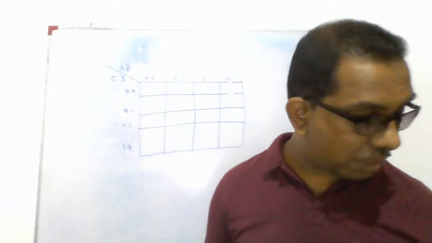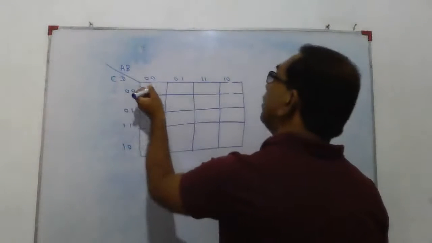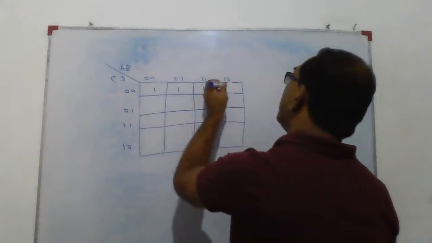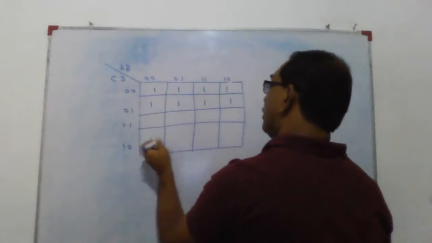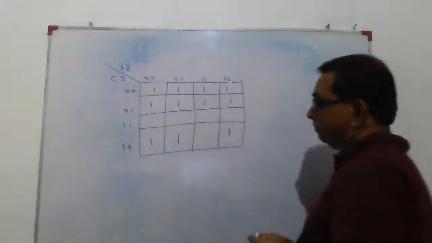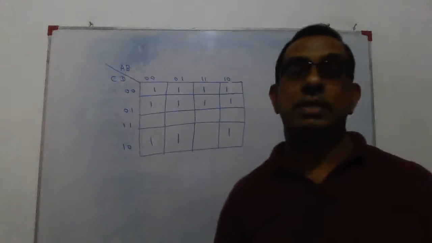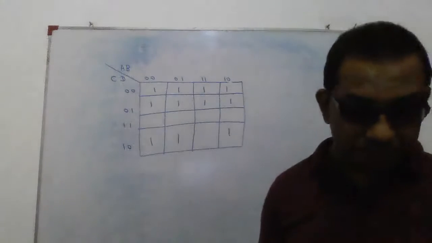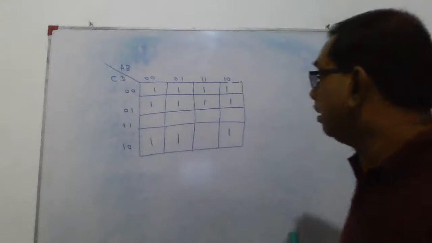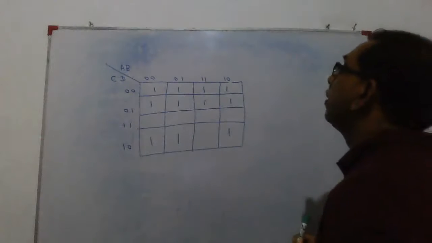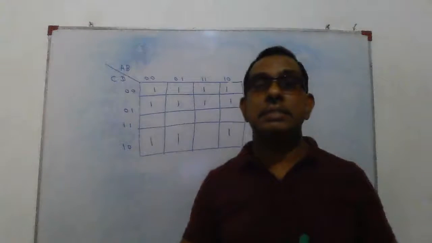I would like to show you another example. This time we have something like this. We have 1, 1, 1, 1, again 1, 1, 1, 1, 1, and 1. Here we have a different situation for how you can set up groups. First, we want to think about a group with 8 cells.